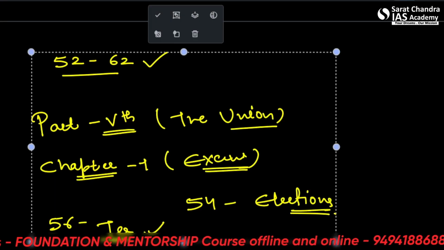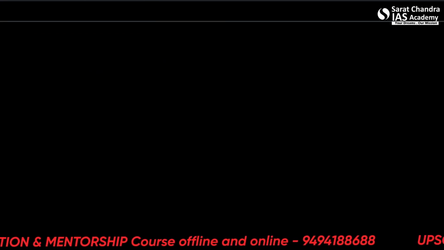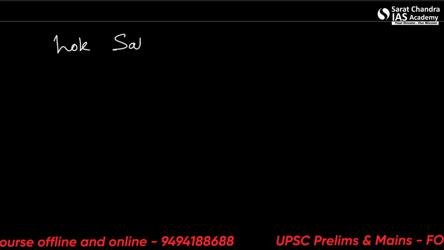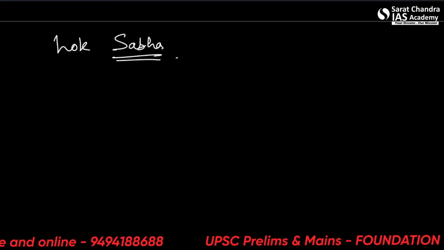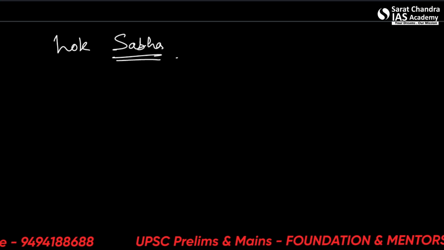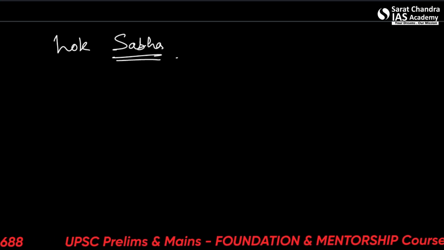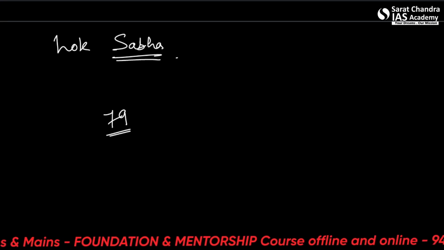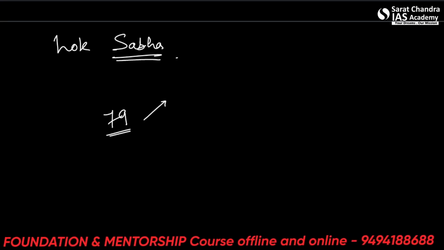Let's take a simple look at the Lok Sabha as well. One thing you should note down is that Article 79 says that the parliament consists of the President of India and the two houses.